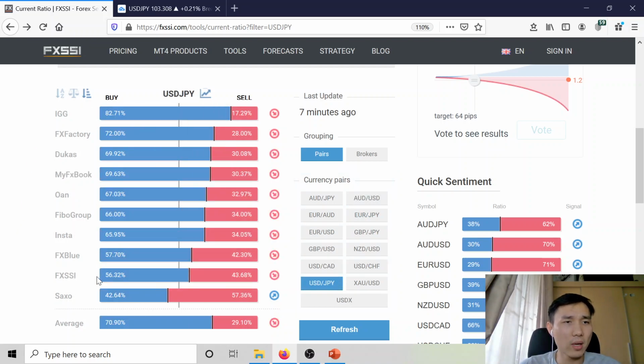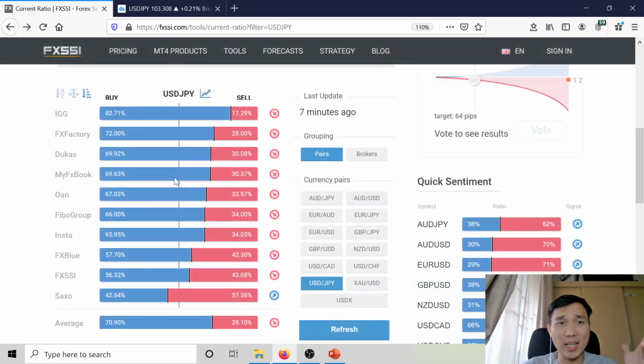They have data from multiple sources, from different brokers, and pretty big brokers too. We have Oanda right there, Saxo Bank, InstaForex, and other sources also: FX Factory, Dukascopy, MyFXBook.